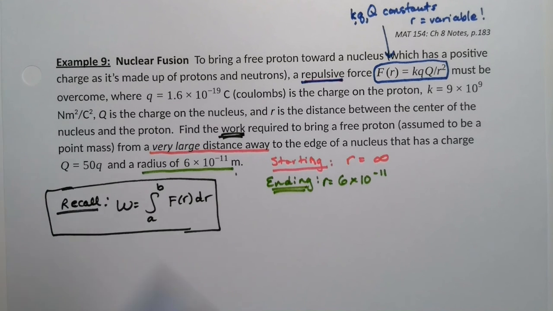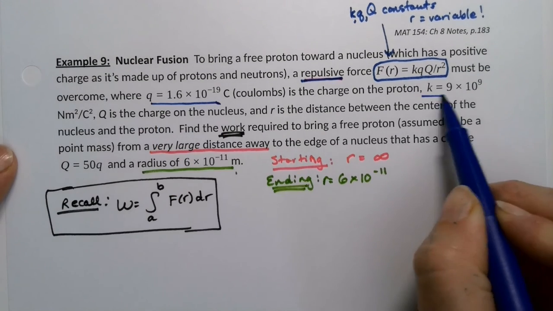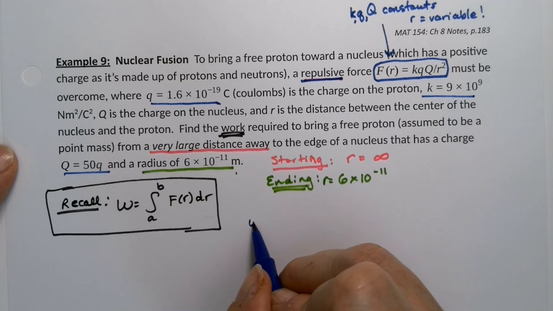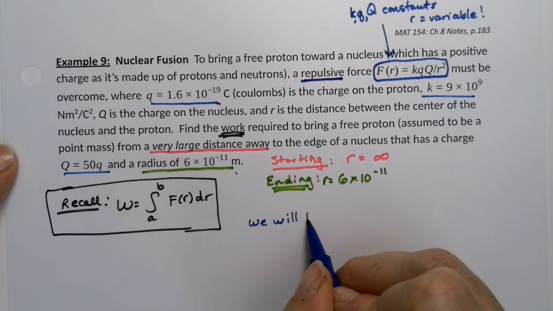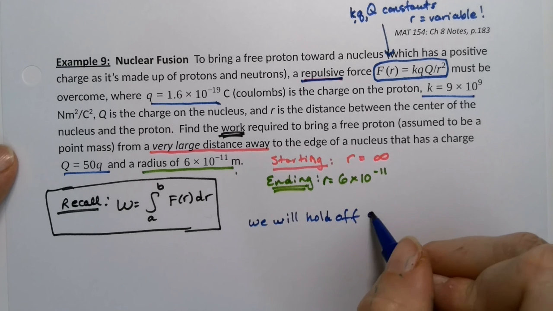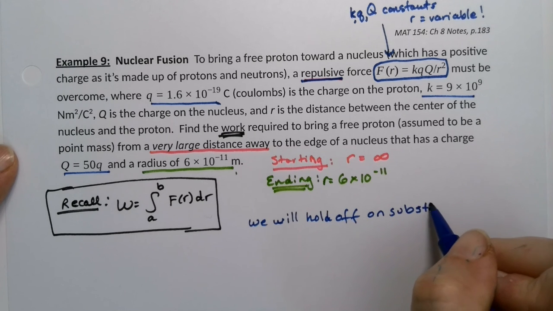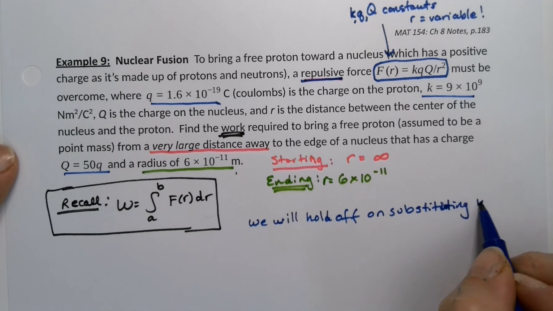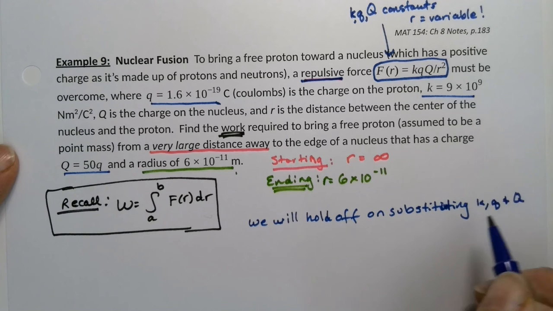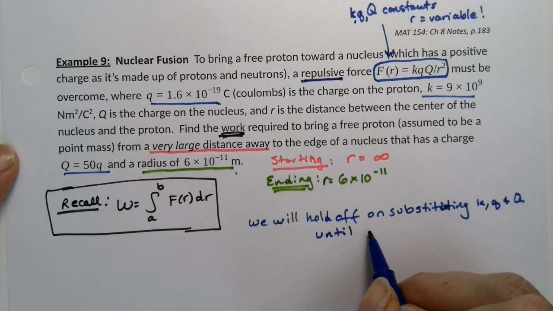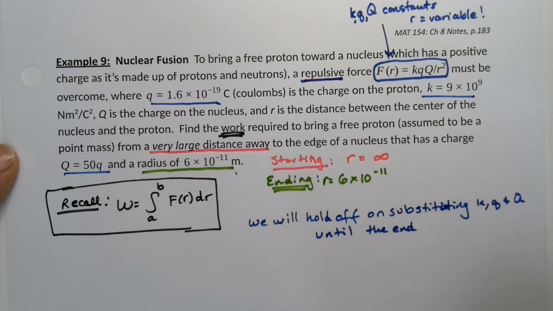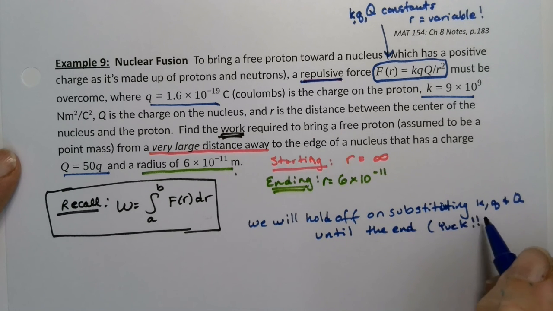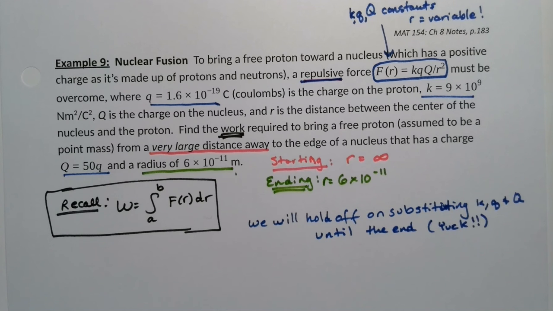We're going to hold off on substituting k, q, and Q until the end, because they're terrible. We don't want to deal with them. They're yucky. So we'll wait.